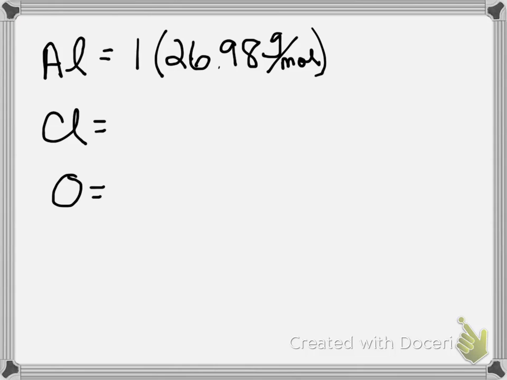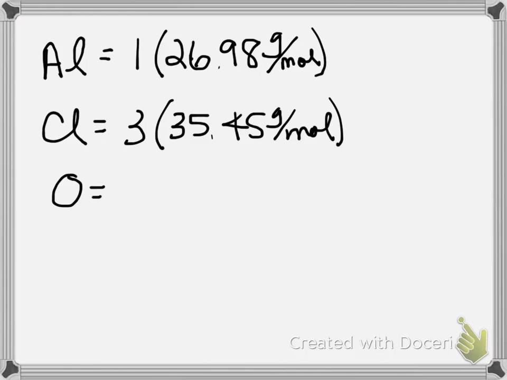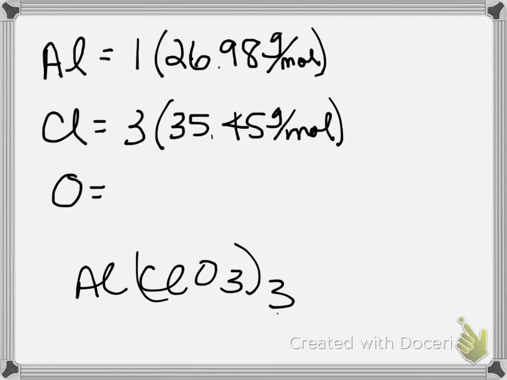Alright, for chlorine, how many chlorines are there in aluminum chlorate? There are 3. And chlorine weighs 35.45 grams per mole. Okay, and then we've got oxygen. How many oxygens are there in aluminum chlorate? There's 3 in the chlorates, but we've got 3 chlorates, so 3 times 3 is 9. And oxygen's molar mass is 16 grams per mole.